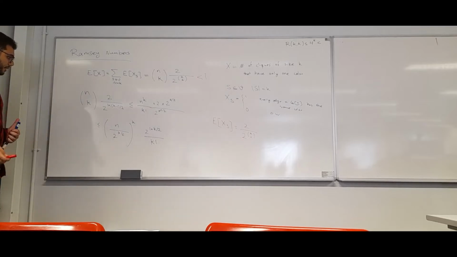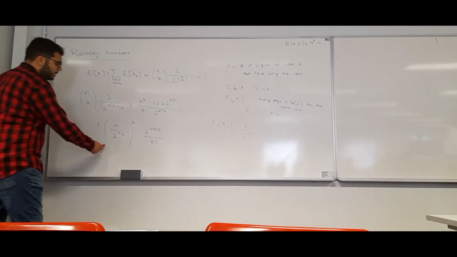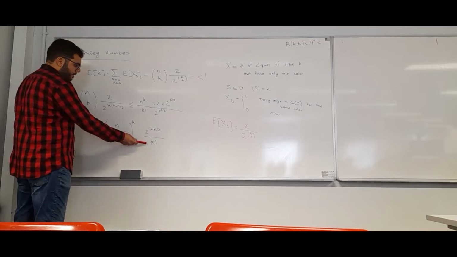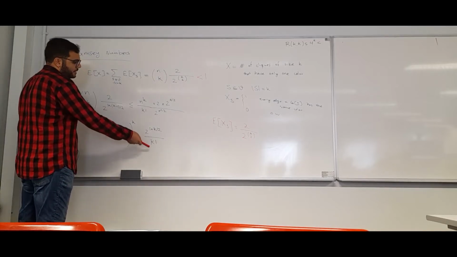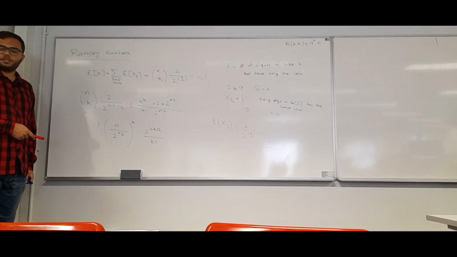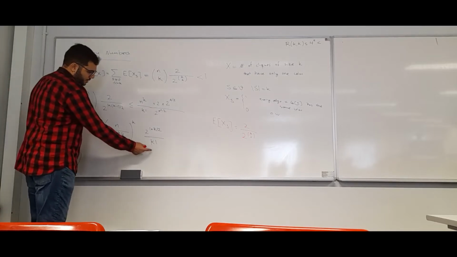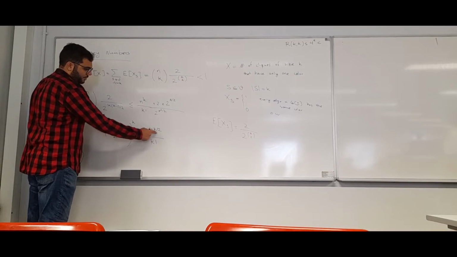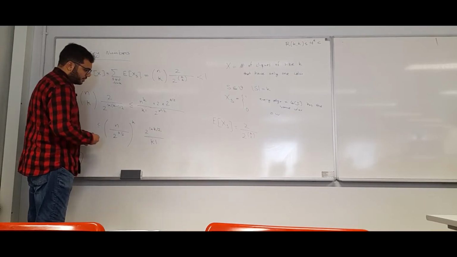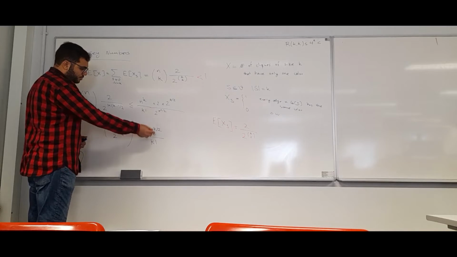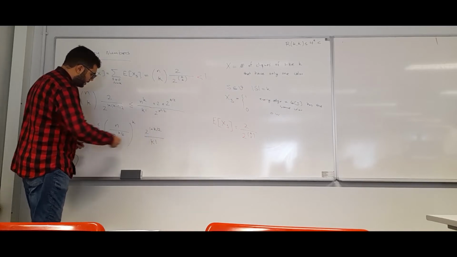Now, what do I have here? I want this whole thing to be less than 1. But this second fraction here is already less than 1 for any non-trivial value of k. Right? Because k factorial grows much faster than 2 to the power of k over 2. So I think even if you give it small values, you will see that maybe for 2 or 3, this is already less than 1.